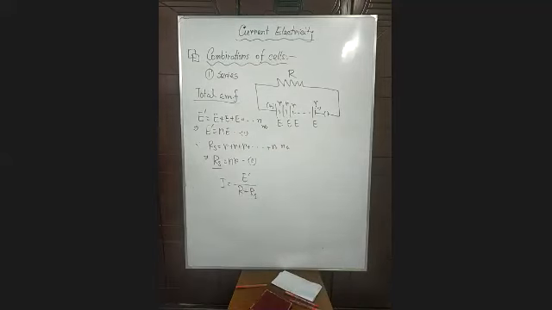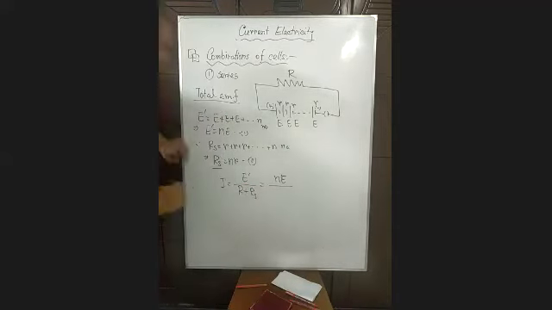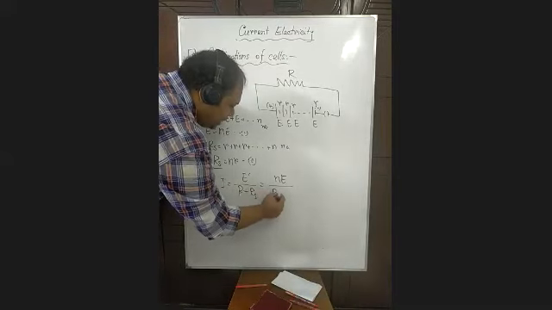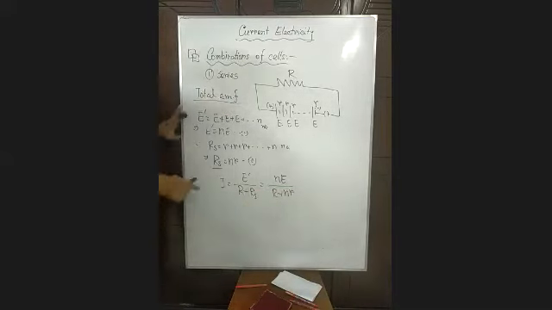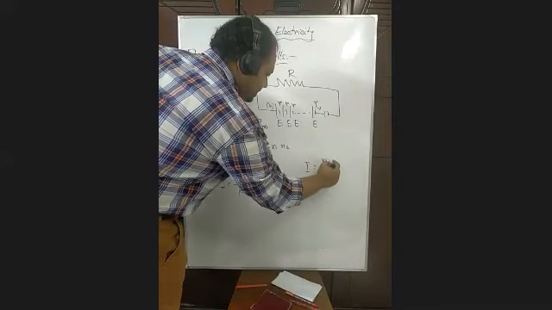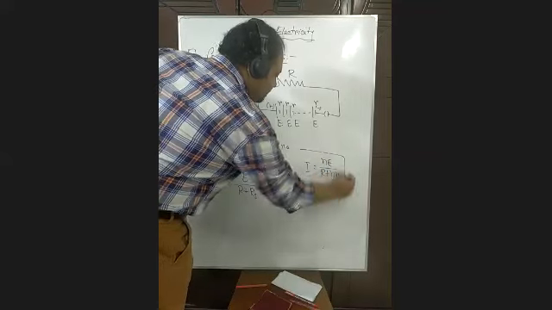Now if I put 1 and 2 in this equation, E bar becomes nE from equation 1 and Rs becomes nr from equation 2. So finally, I can get the current as nE by R plus nr.